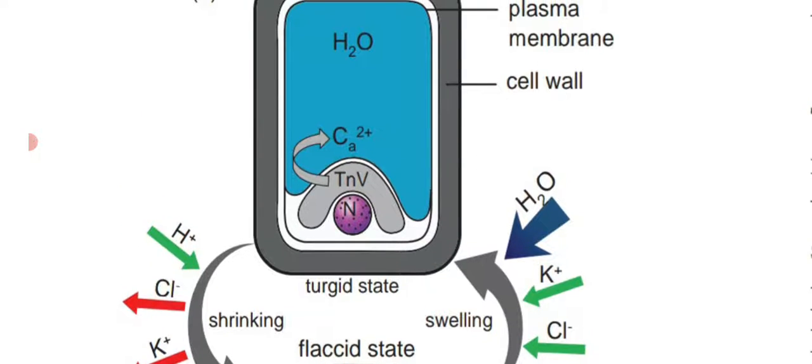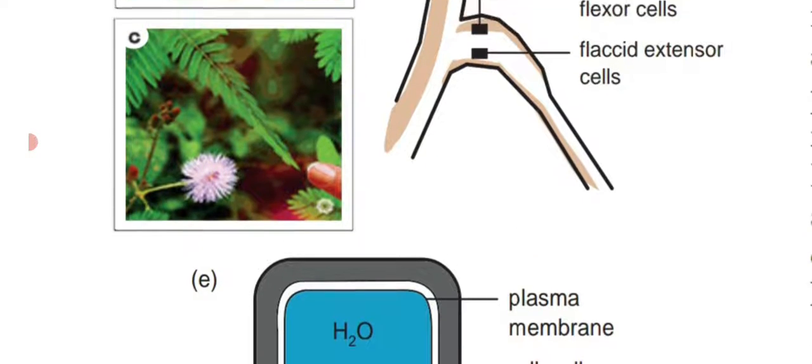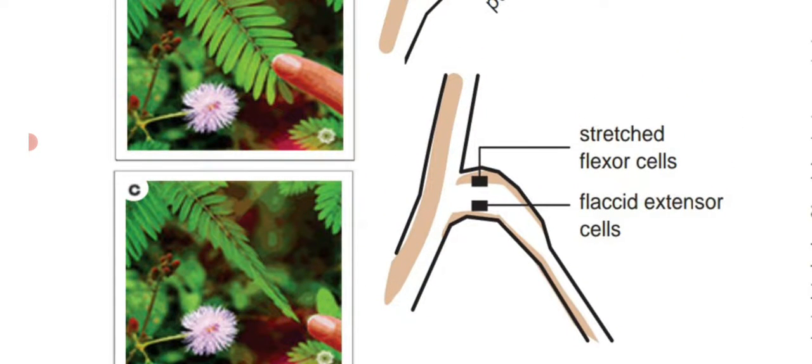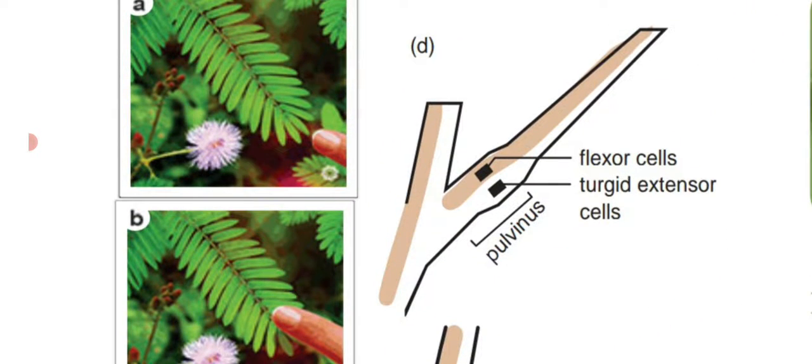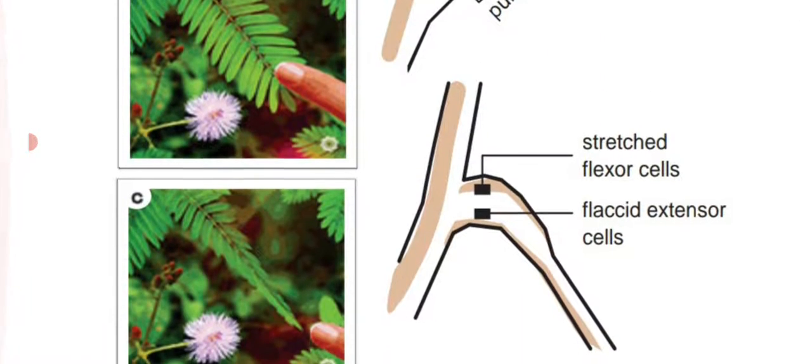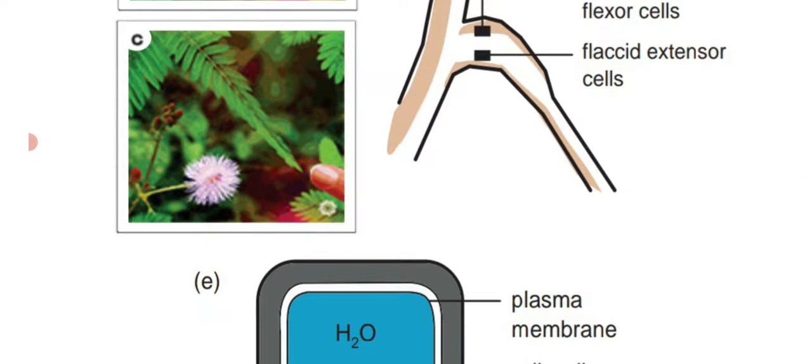Once again, the cell comes into the original position, that is turgid state. So this activity takes place in the pulvinus portion of the Mimosa pudica plant and is known as seismonastic movement.